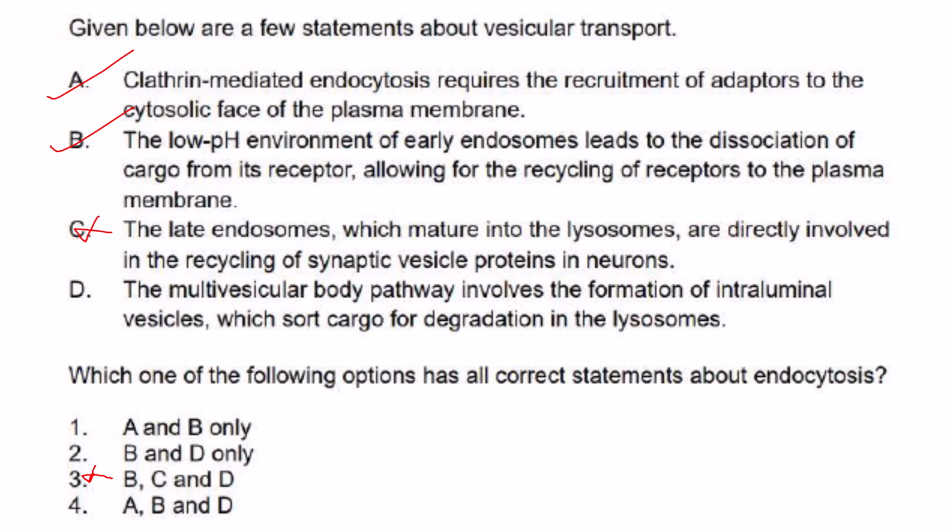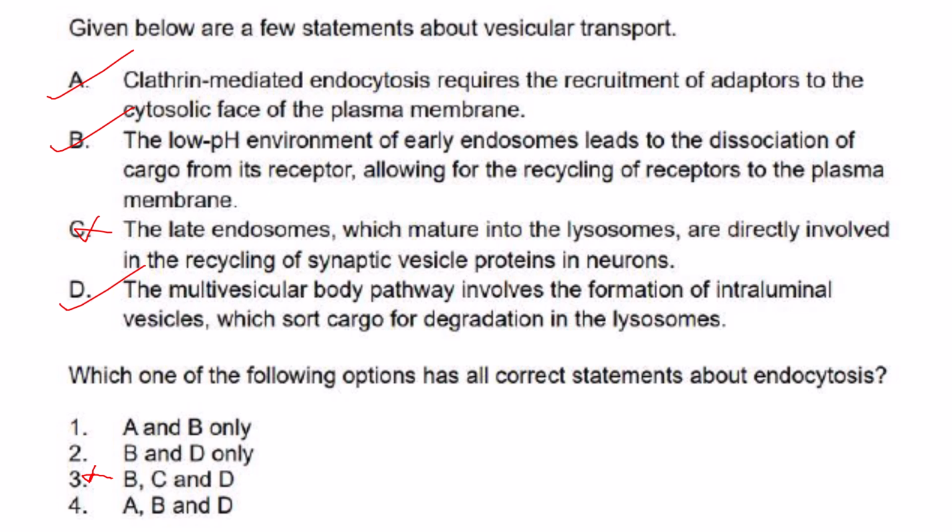The multivesicular body pathway involves the formation of intraluminal vesicles which sort cargo for degradation in the lysosome. Yes, that is correct. The multivesicular body also plays a role in receptor mediated endocytosis, and it is mainly for the degradation of the internalized receptors.